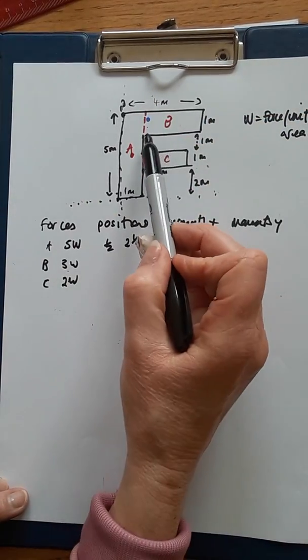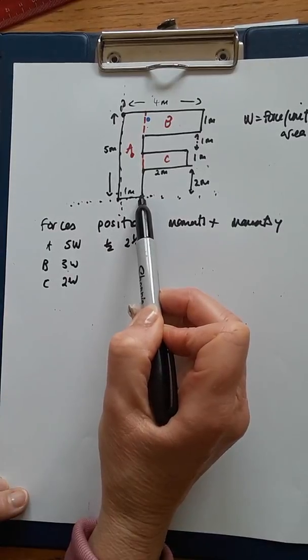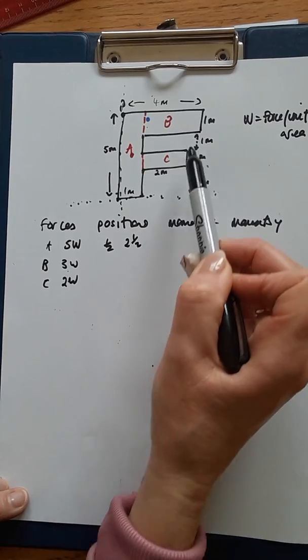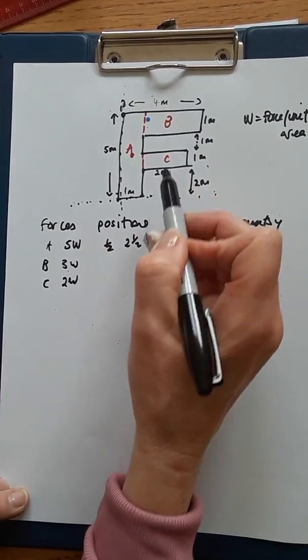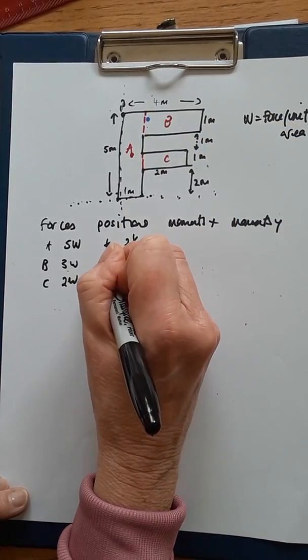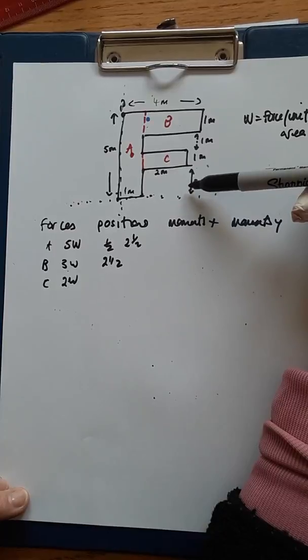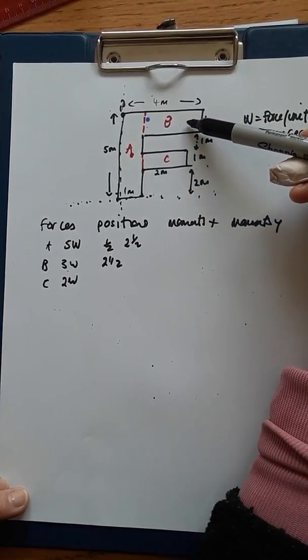Look at B, B's over here. Remember, if this is my origin, I've got to go out 1, and then I've got to go out another 1.5 to get into the middle of B. So that will give me, from the origin out into the middle of B along the x-axis, 2.5. And going up the y-axis, I'm going up 2, 3, 4.5 along into B's rectangle.